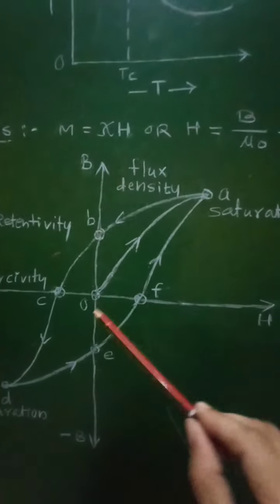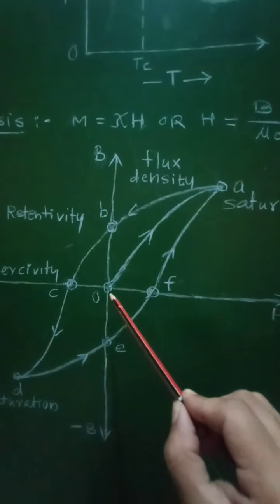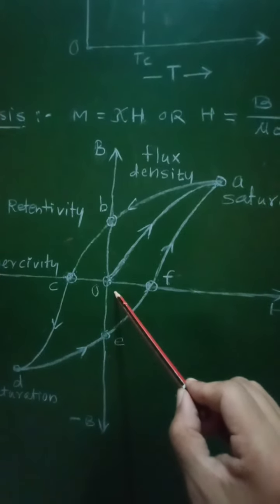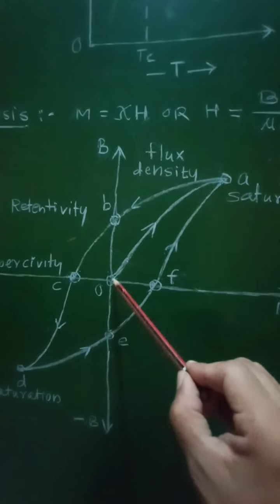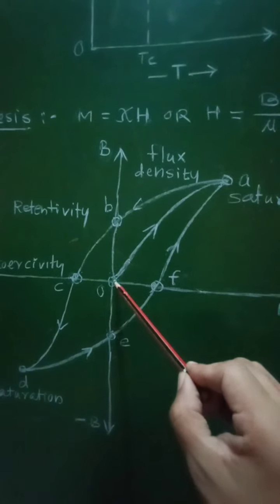In short, when H is equal to 0, that is magnetic intensity is 0, B will be equal to 0, that is, it will represent the unmagnetized state.